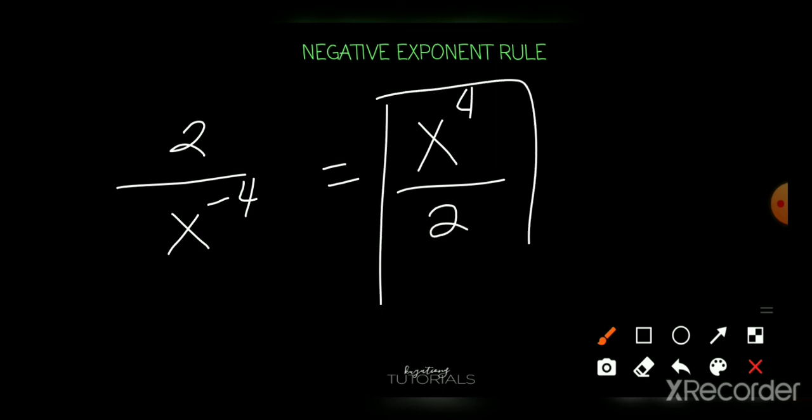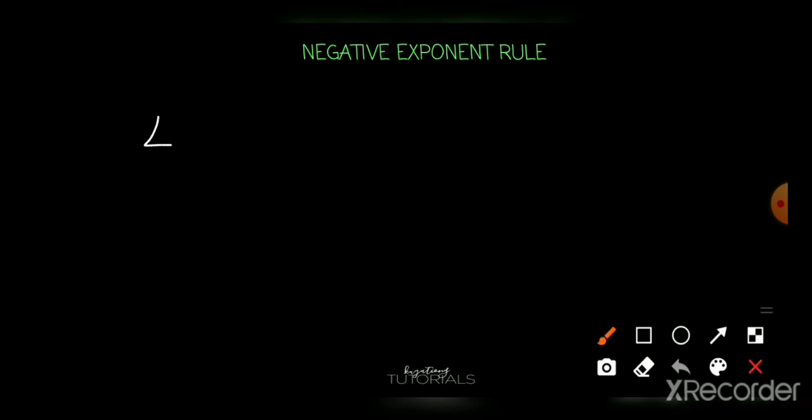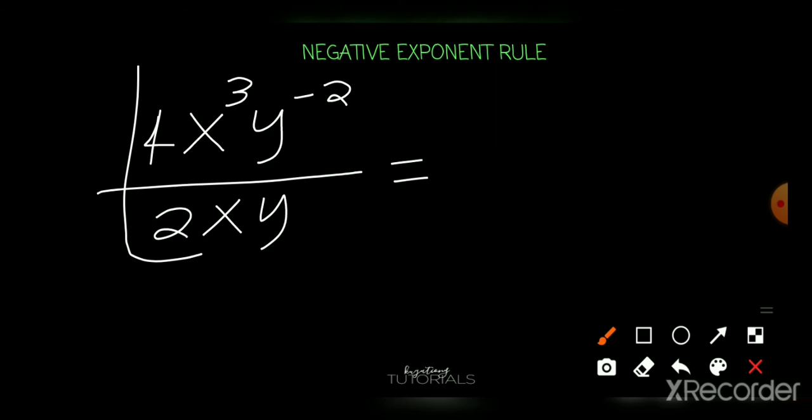Okay. So what if we have 4 x to the power of 3 y to the power of negative 2 over 2x y? Of course, we divide the two numbers since they are divisible.